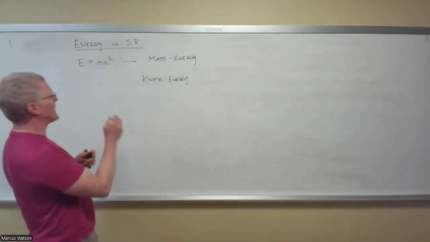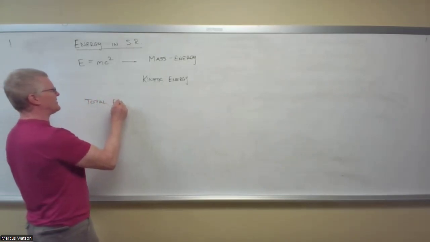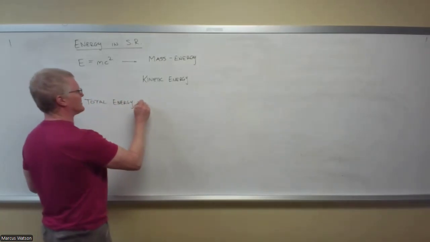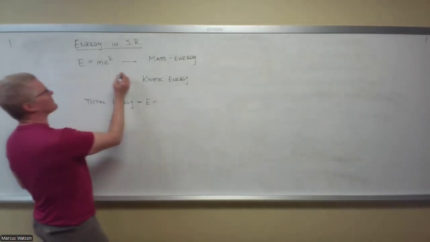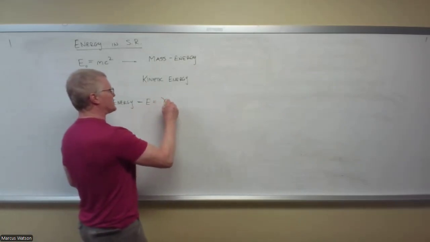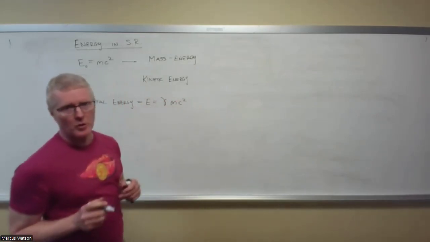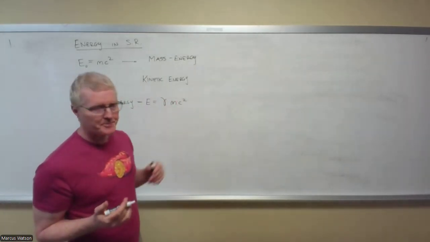Okay, so the total energy of something in special relativity is essentially wrapped up in total energy E. I should maybe have called this E naught or something so that you're not moving. Is essentially gamma times, if you like, mc squared. Or for us, it would just be gamma m.